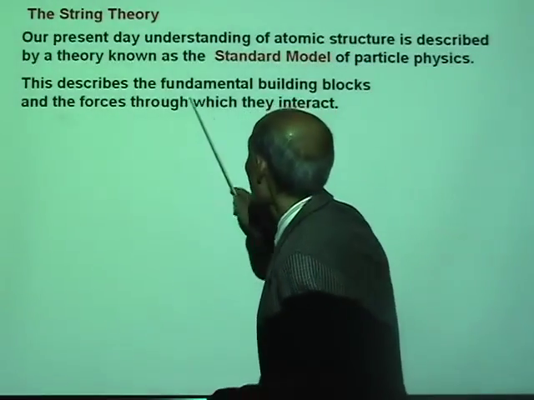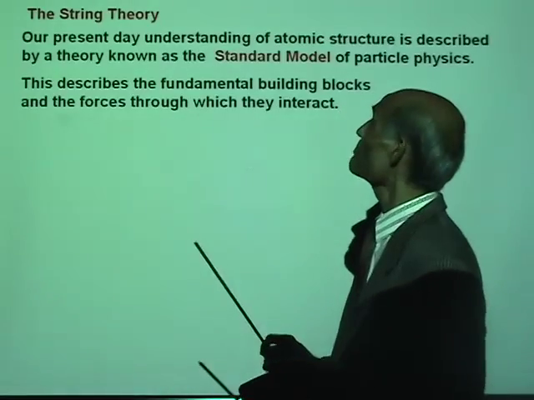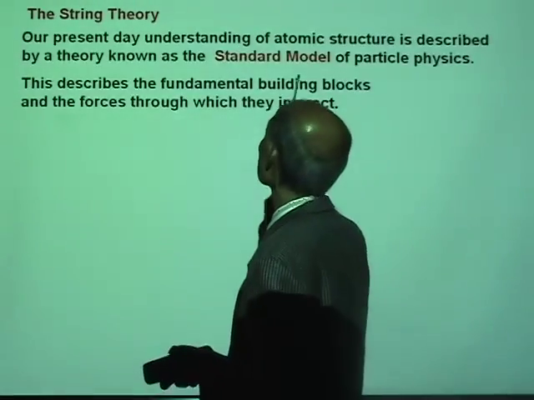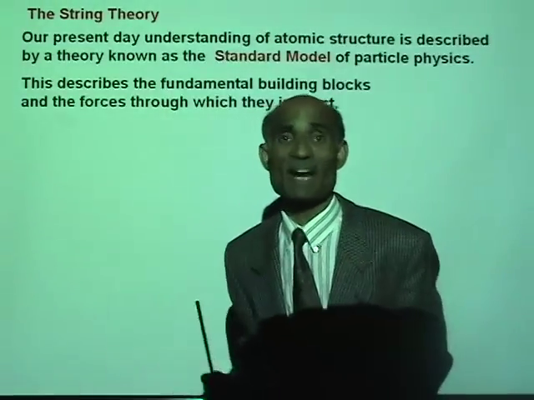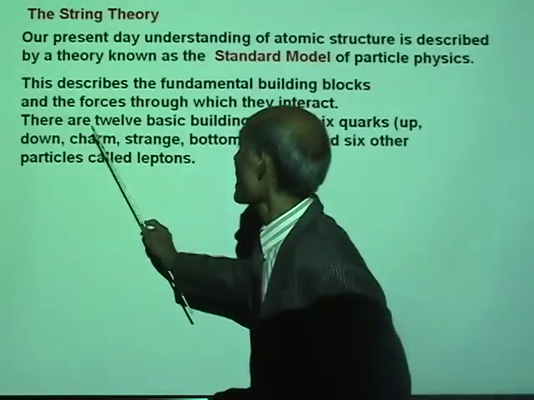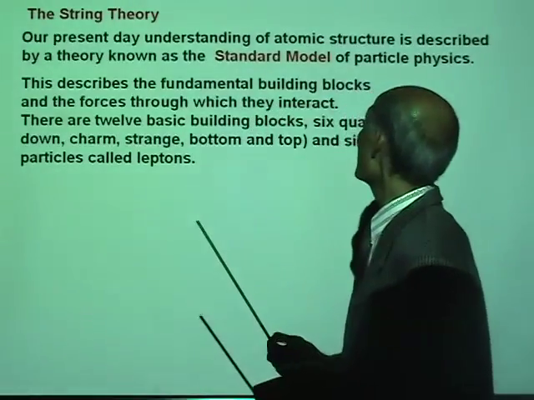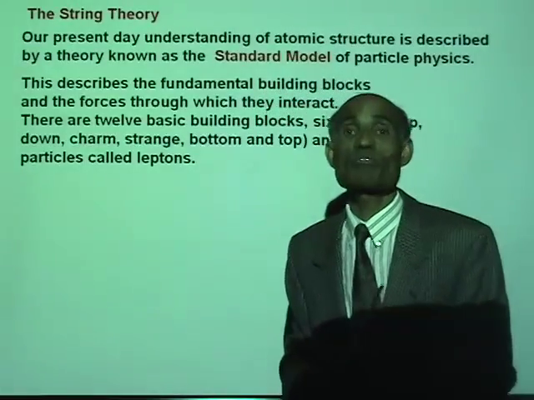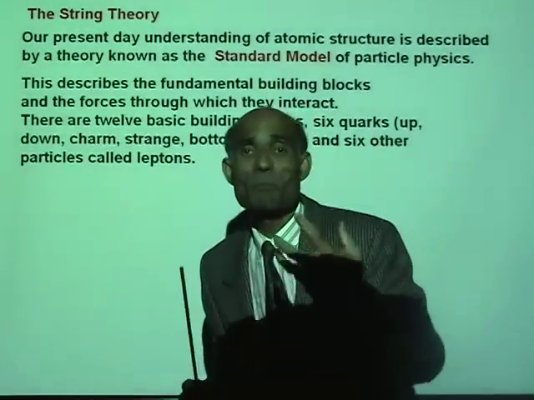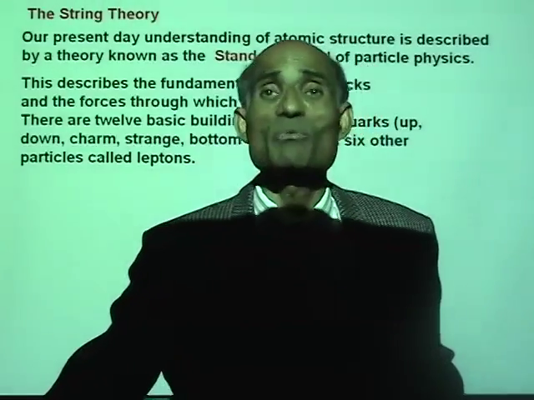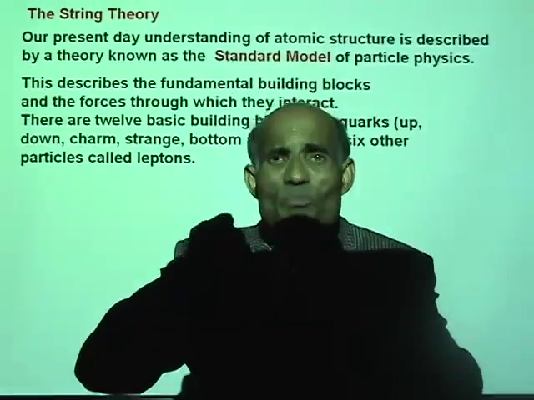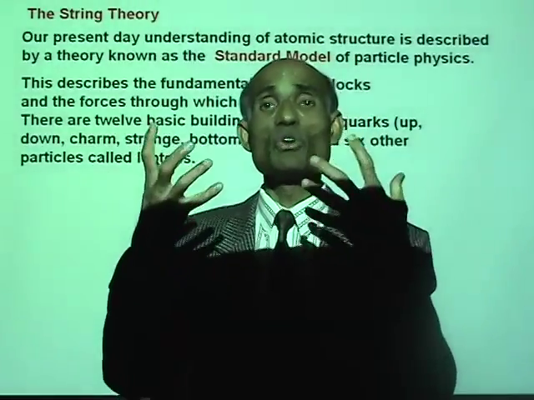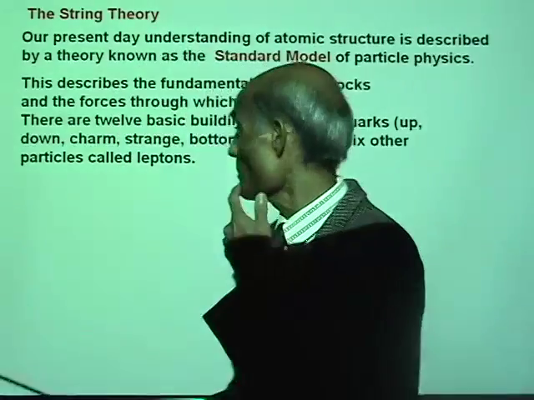This describes the fundamental building blocks and the forces through which they interact. According to the Standard Model, there are 12 basic building blocks. In other words, an atom can be broken down into these 12 basic building blocks.